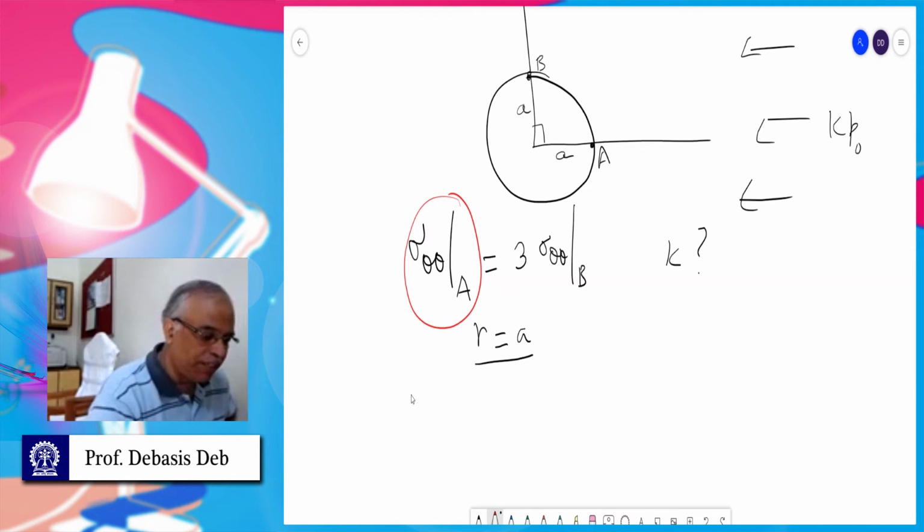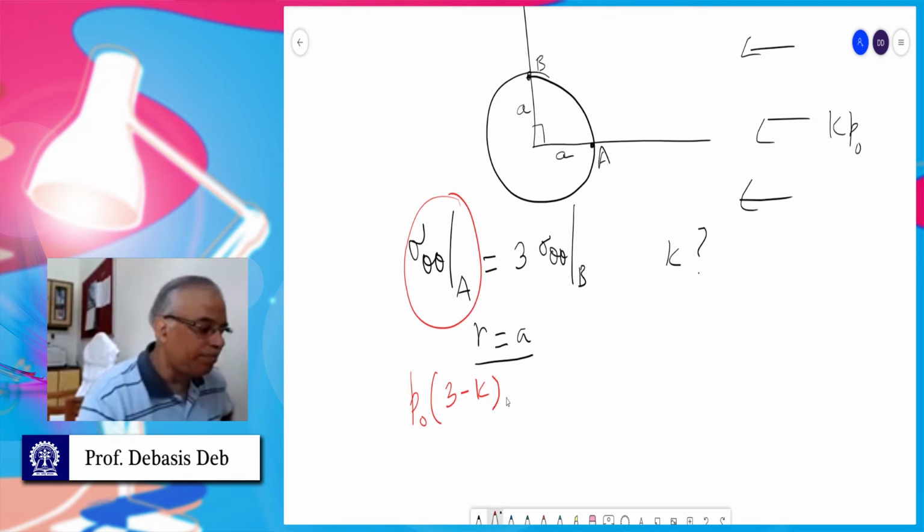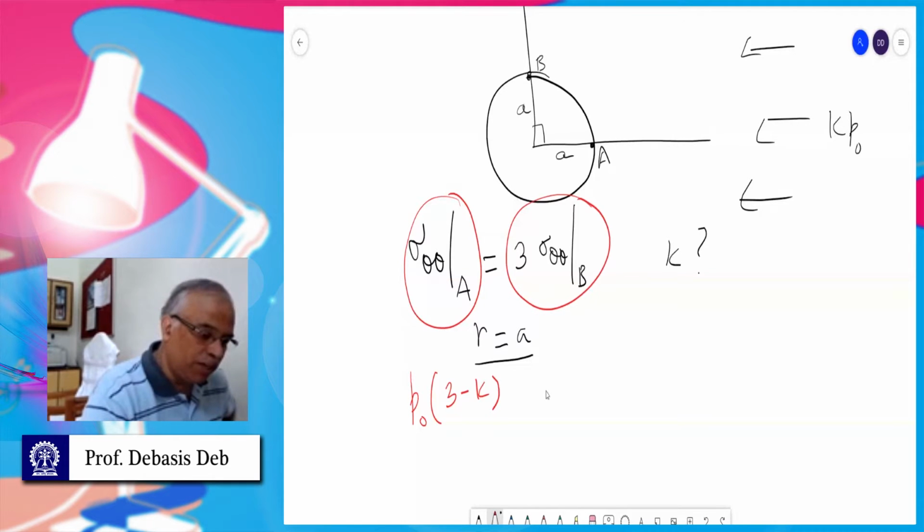Can anybody tell me? This one will become P naught (3 minus K). And this one will become P naught (3K minus 1).